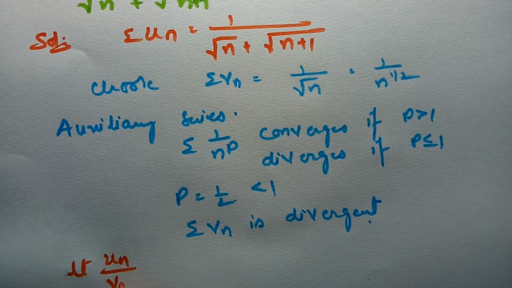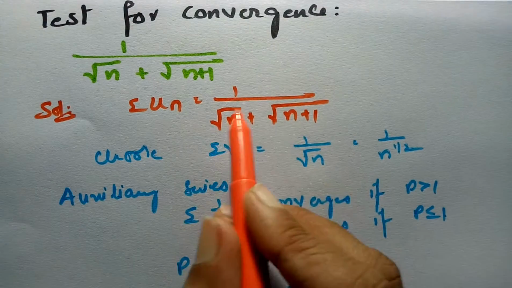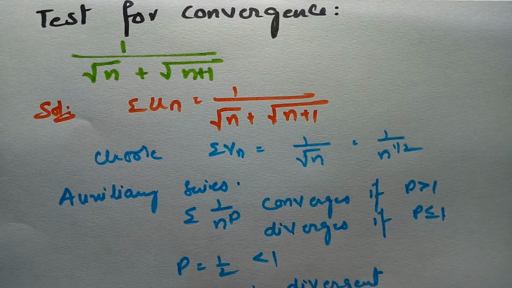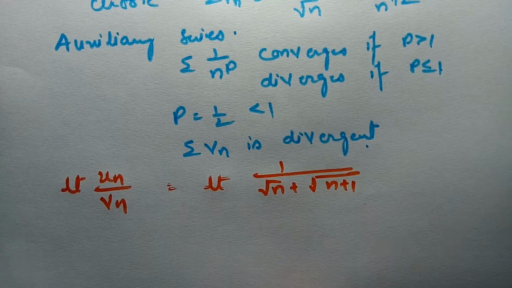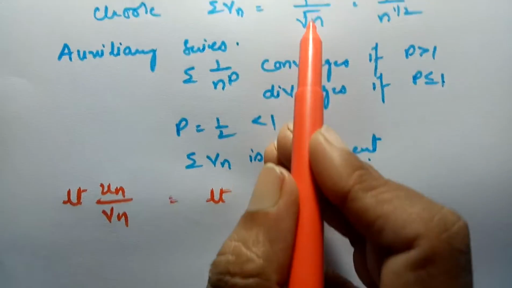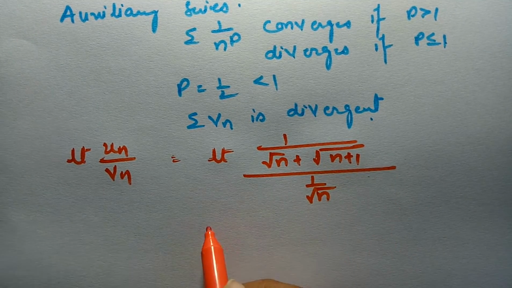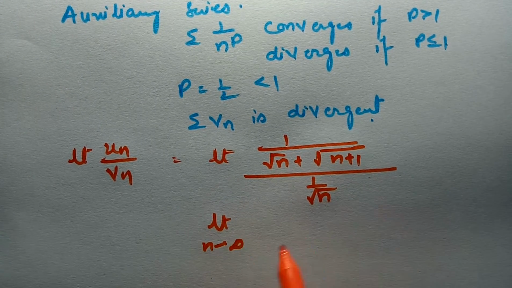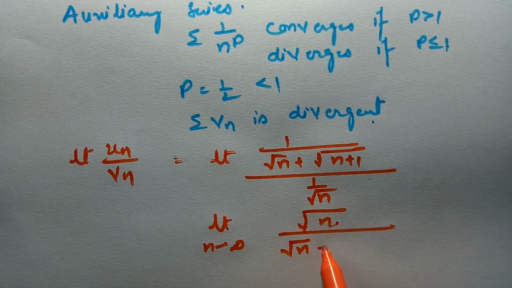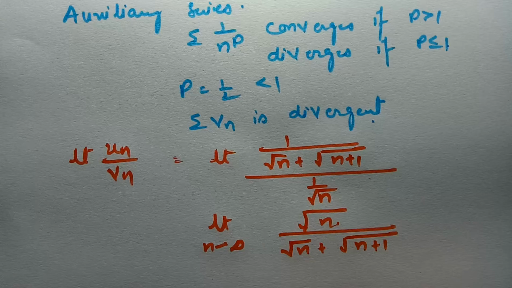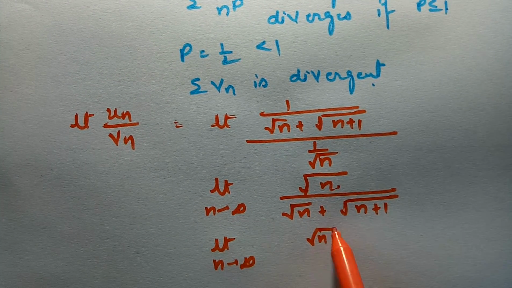For that we have to calculate limit of Un by Vn. What is Un? Un is nothing but 1 by root n plus root n plus 1, and Vn is 1 by root n. So limit n tends to infinity, if I take the reciprocal, it will be root n by root n plus root n plus 1.